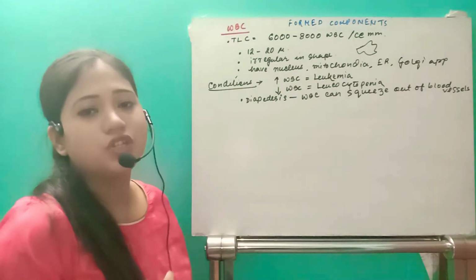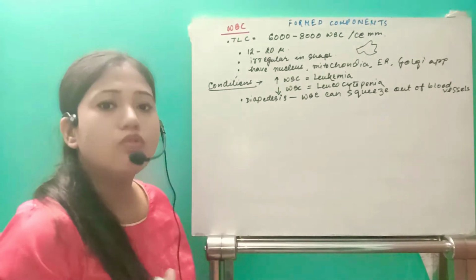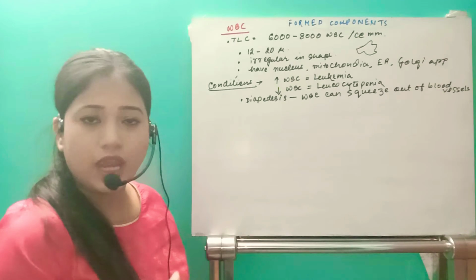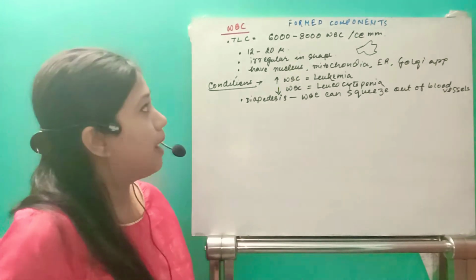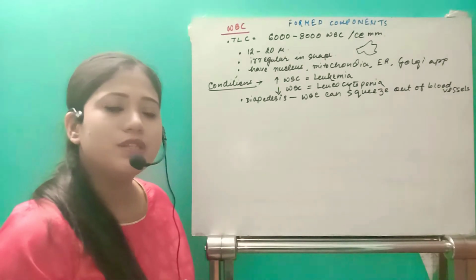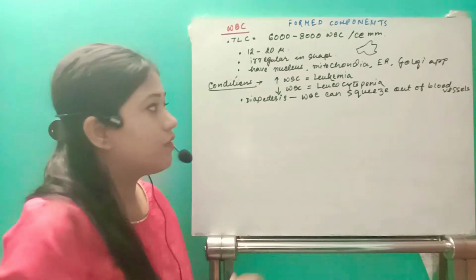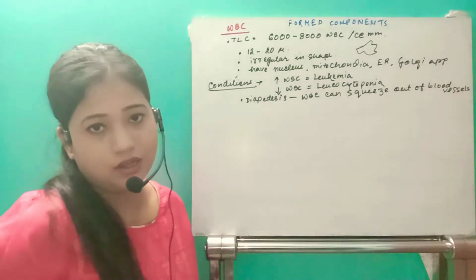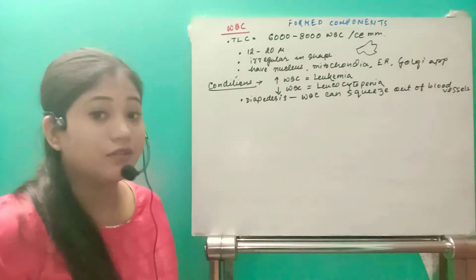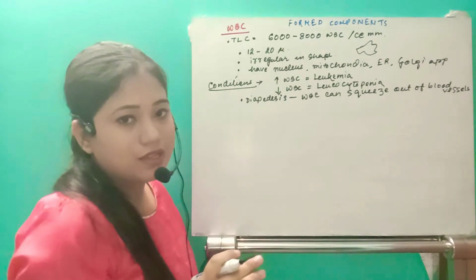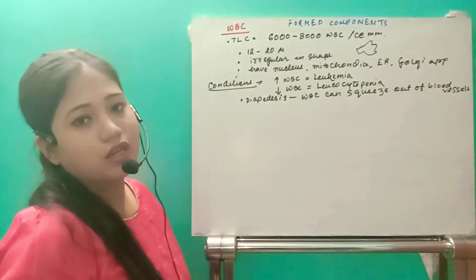The WBC can go to each and every region, because the WBC has the chief function to fight against pathogens. Anywhere we have a pathogen, it can be killed by the WBC, so the WBC has to go to any region of the body. That's why it has an irregular surface area, so that it can squeeze out of the spaces present in the blood vessel and go to any region.